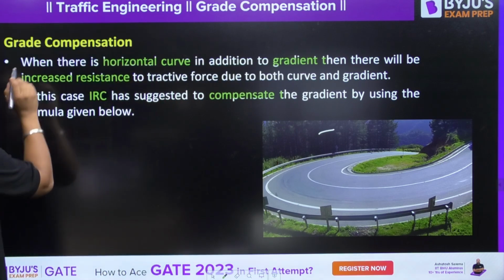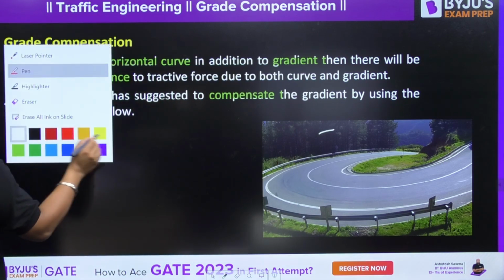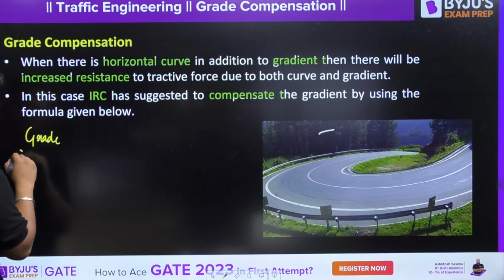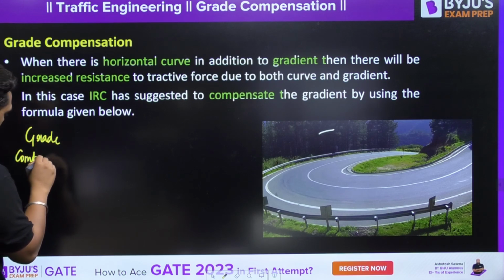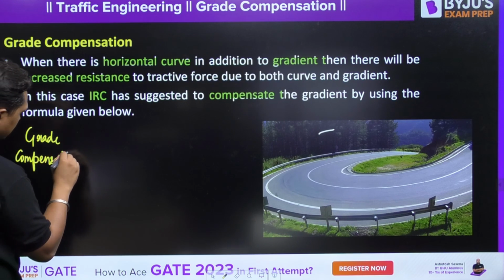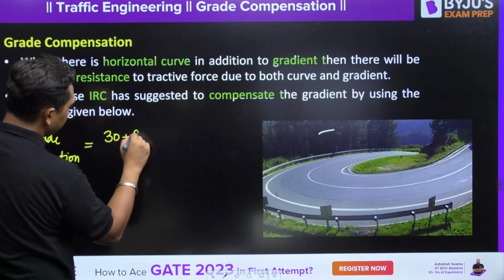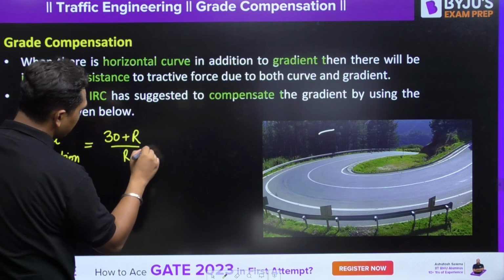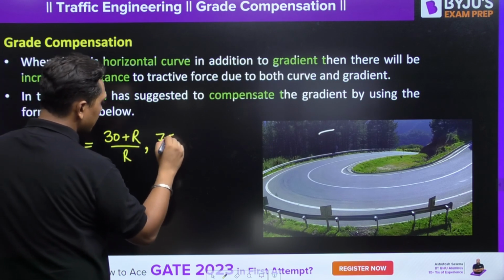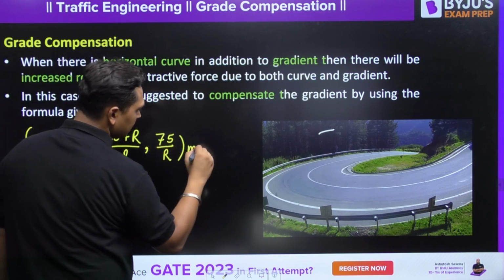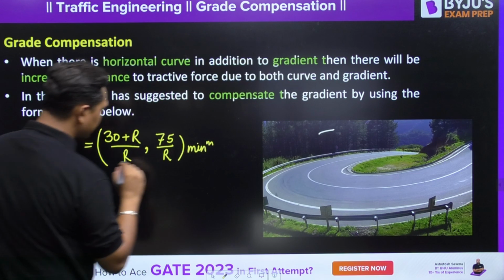What is the formula? Grade compensation is equal to (30 + R)/R, or 75/R, whichever is minimum, where R is the radius of the curve.